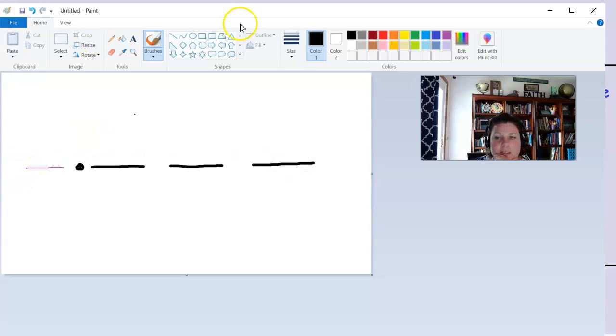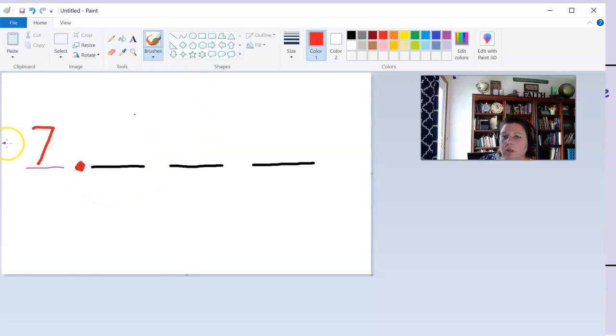Okay. So right here we have what's called our decimal. And to the left of the decimal, we have what's called our whole numbers. So let's just say 7 is our whole number.